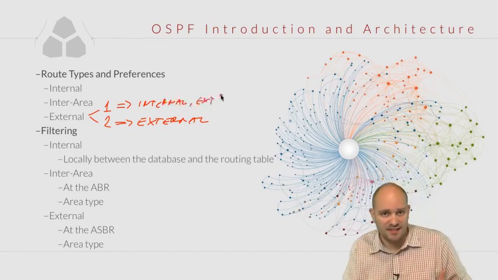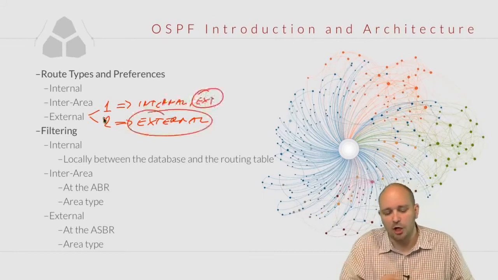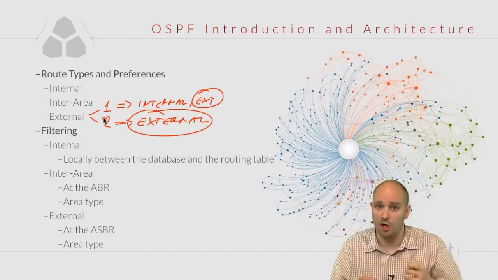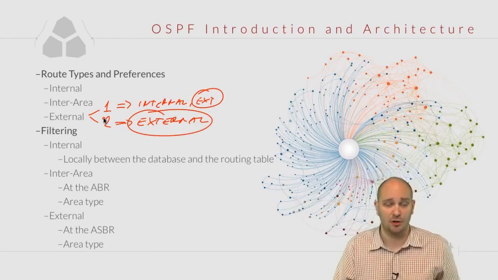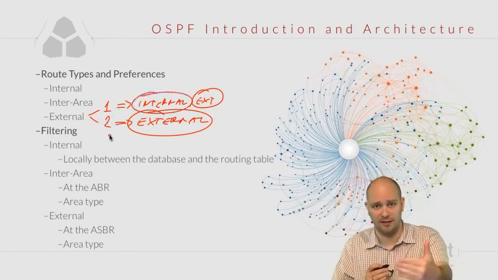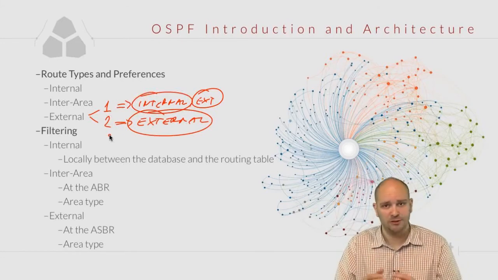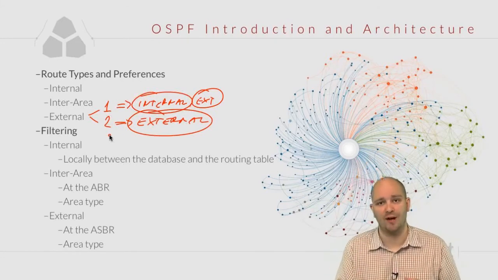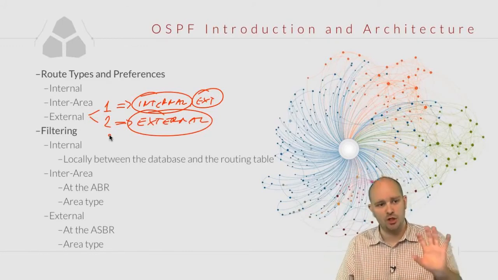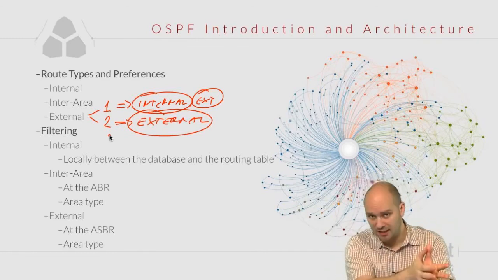External cost in this context is the cost to reach the external prefix from the ASBR that has redistributed this route. The internal cost is the cost from the router that is calculating the path to reach the ASBR. So in a case of type 2 metrics for the external routes, we are going to give a little bit more preference to the routes that are cheaper on the outside, but we don't care how much it costs us to actually reach the ASBR.